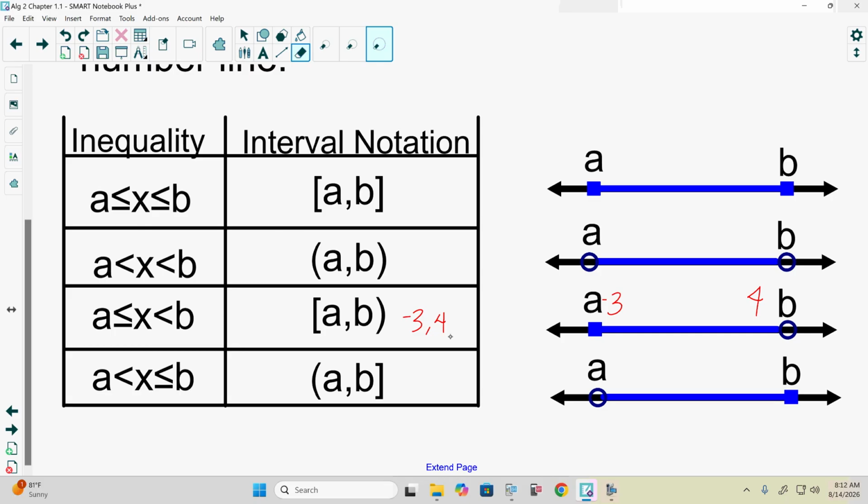Now, since the point at A was included, it would need a bracket. Like it says here, since B was an open circle, it would be a parenthesis. Funny enough, I can come over here and say, replace A with -3, B with 4.